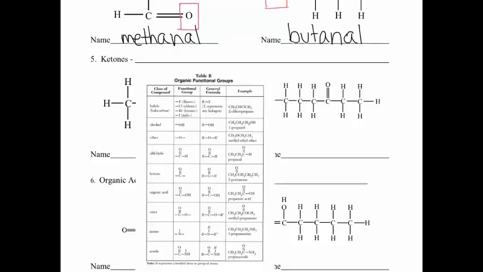It can't be on the end, because if it was on the end, it'd be an aldehyde. So ketones have that C with the double bonded O, but there's more C's on either side. So I'm going to put R and R prime or whatever they have there.